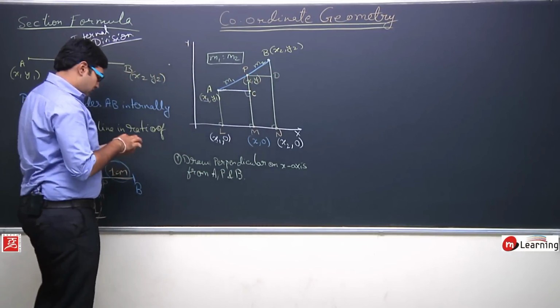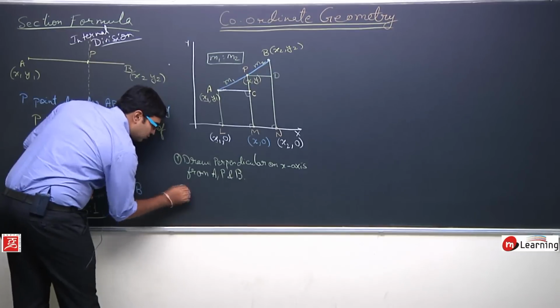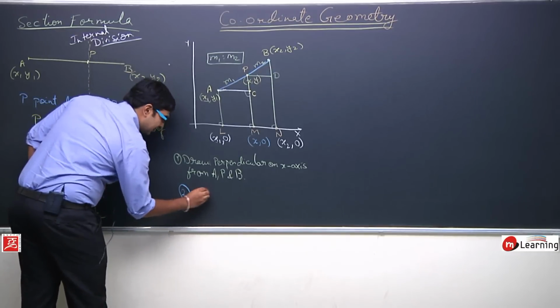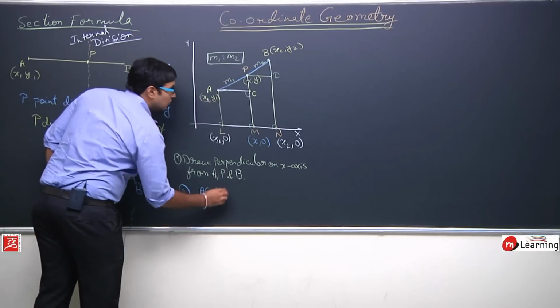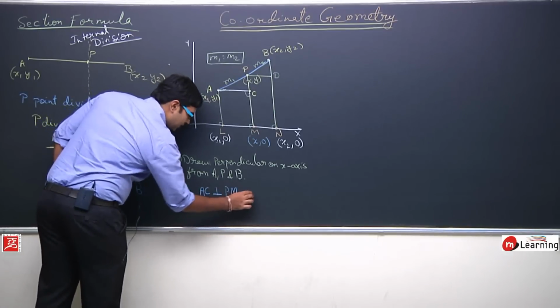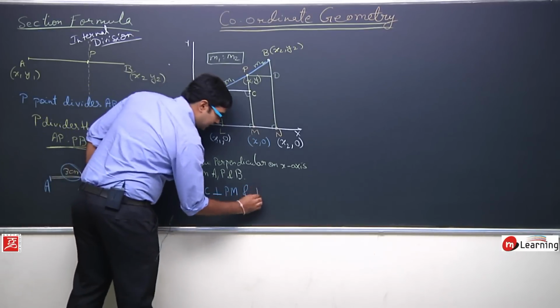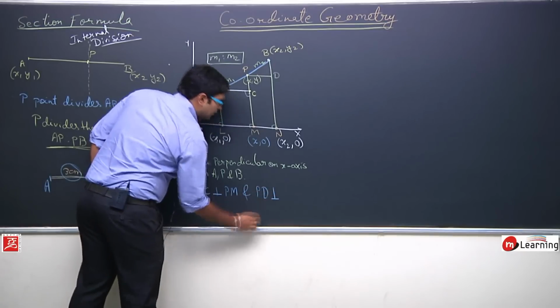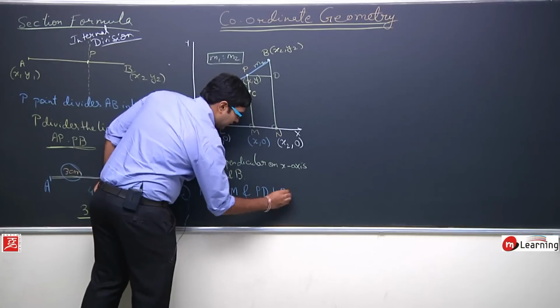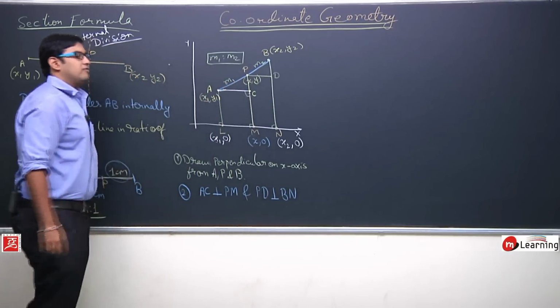So what is the second thing that we are going to do? We will draw AC perpendicular to PM and PD perpendicular to BN. This is what we have done.